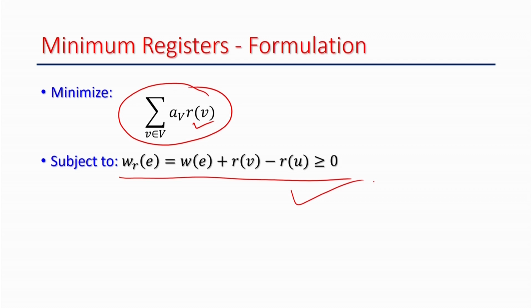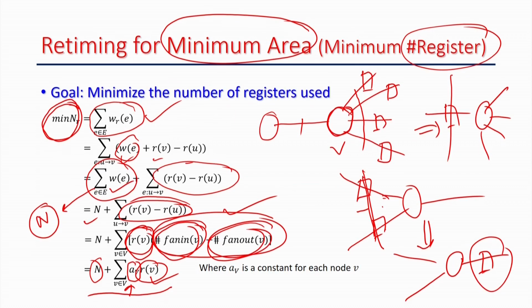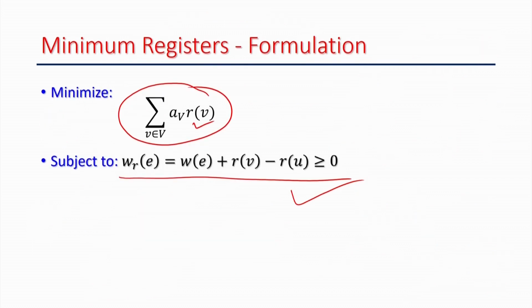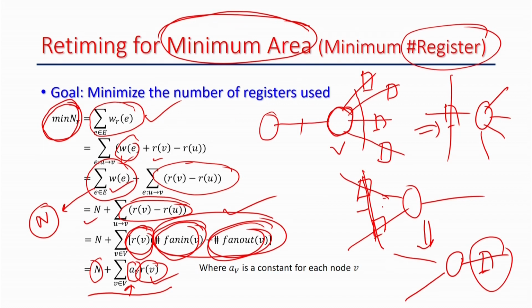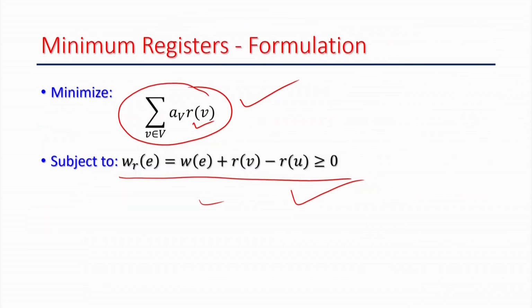The number of edge weights should not be less than this. So, this is the formulation of the minimum area problem. If you want to minimize the resistors, this is the objective function and this is the constraint. This way we can solve the minimum number of resistor problem as well.